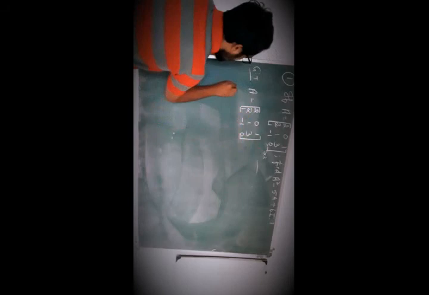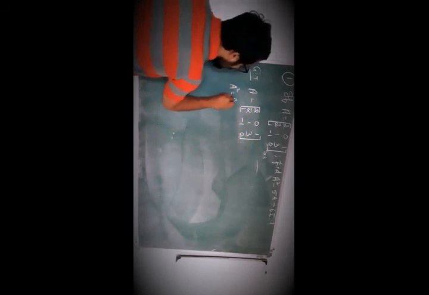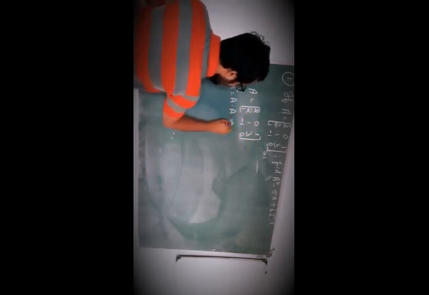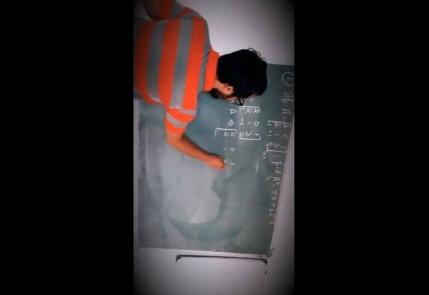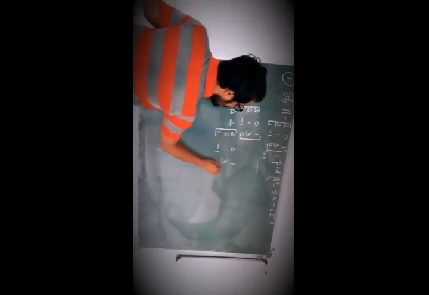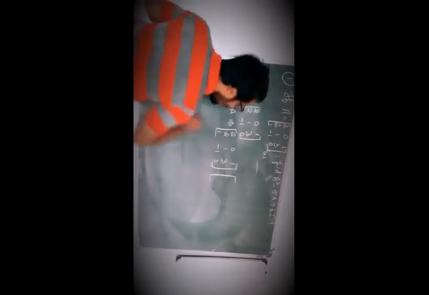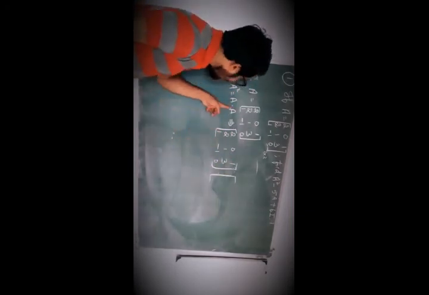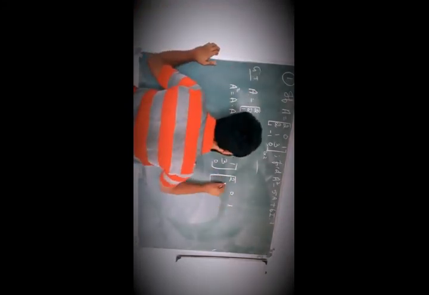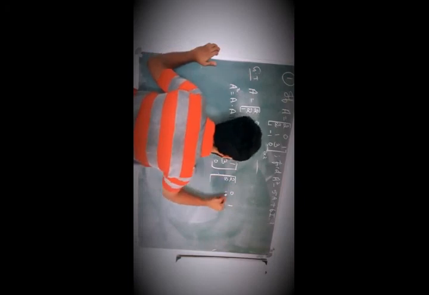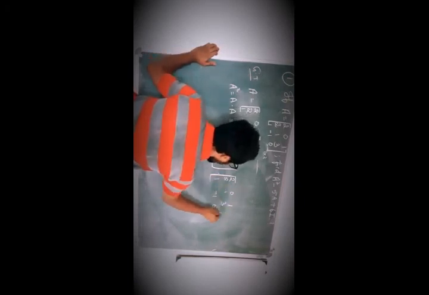0. Now A square is equal to A into A, which implies 2 0 1, 2 1 3, 1 minus 1 0, multiplying A twice. So that is A square.